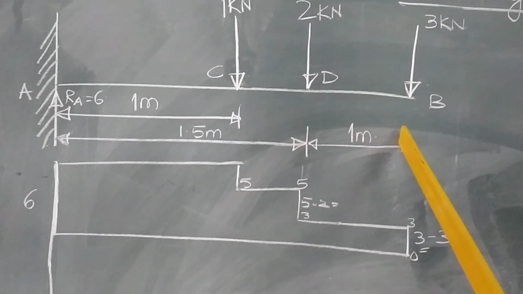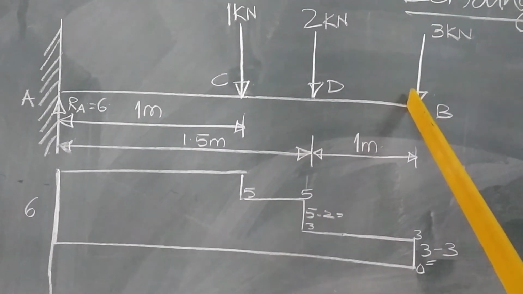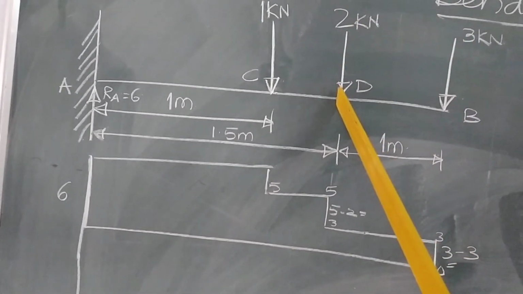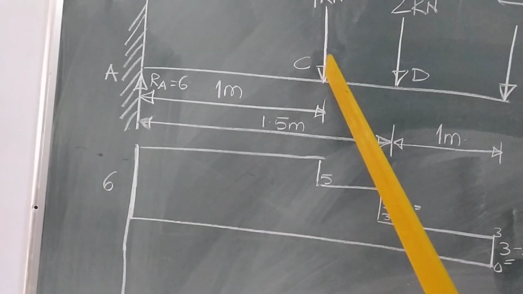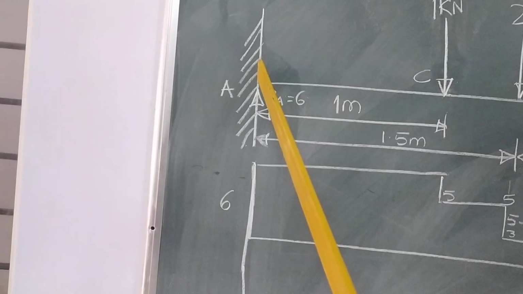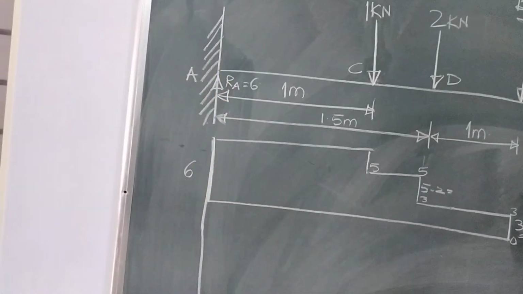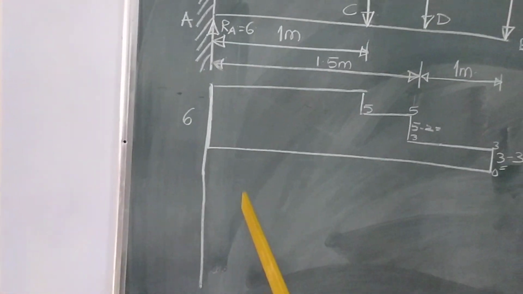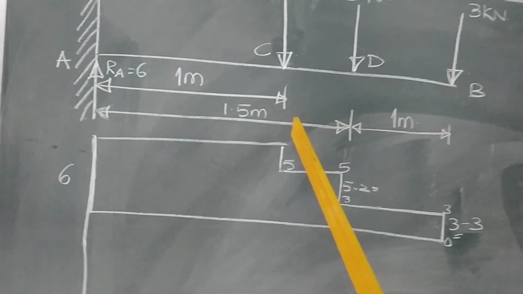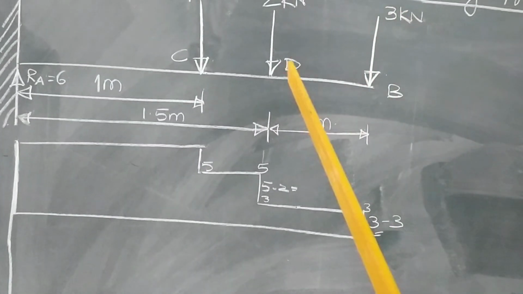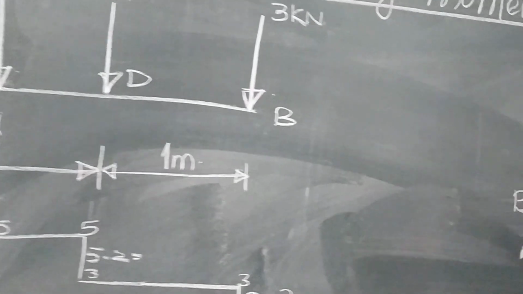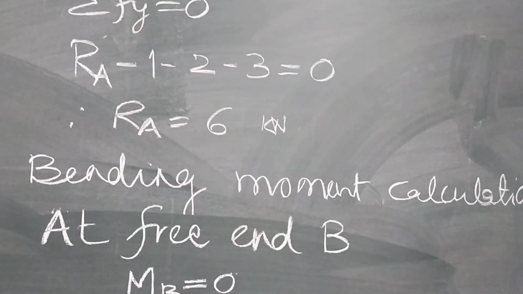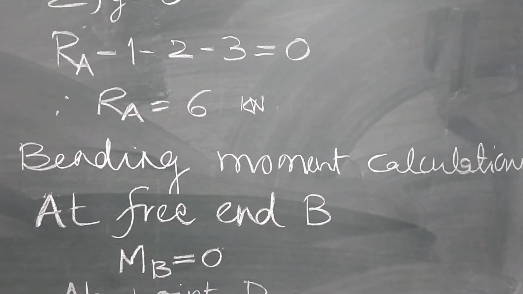So, bending moment at B must be 0, and then calculate for D, then for C, and then for A. At A, there must be a maximum bending moment for this cantilever section of beam. Now, let us start with bending moment calculation.